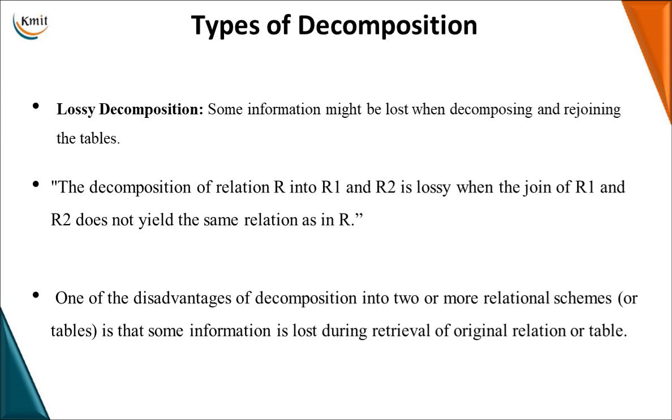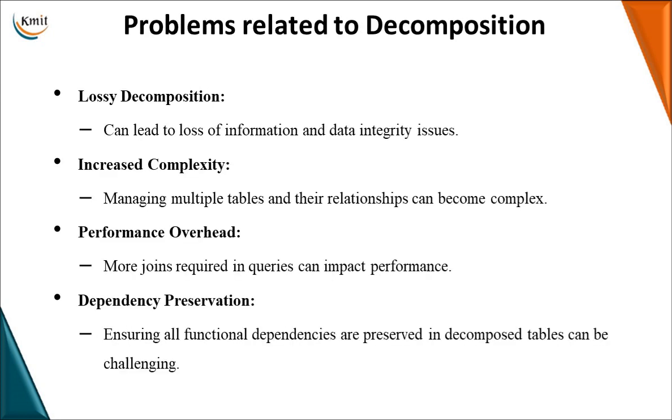Now the problems related with decomposition are that it may itself lead to lossy decomposition, where data is lost. It will increase the complexity, because the table is divided into multiple tables, and managing multiple tables and their relationships may become complex. There is also performance overhead.